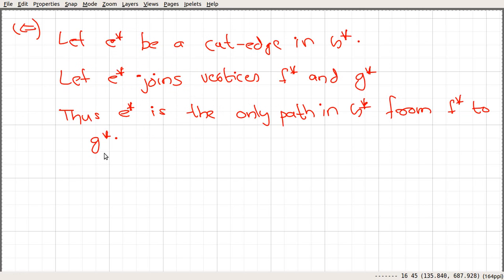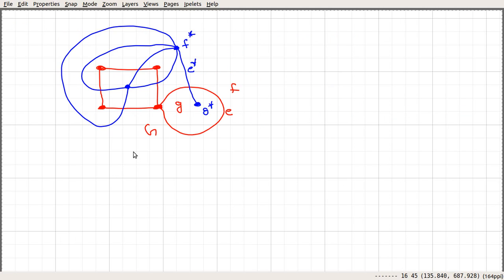And again from the definition of the dual graph G star, it implies that the edge E in the graph G is going to be completely enclosed on the regions, either F or G. That's what we see here, right? In this case, our graph is G and the dual graph is G star.